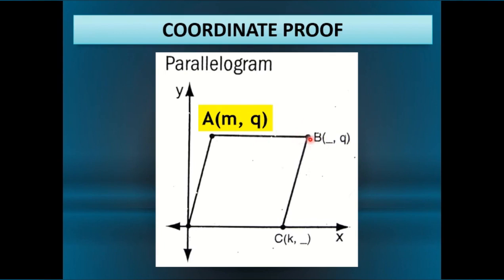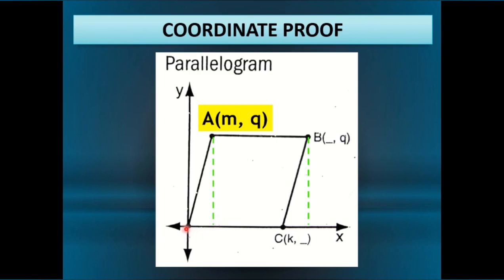And then for our B, if we draw an imaginary line here, since this one is point K, let us draw again a line here.